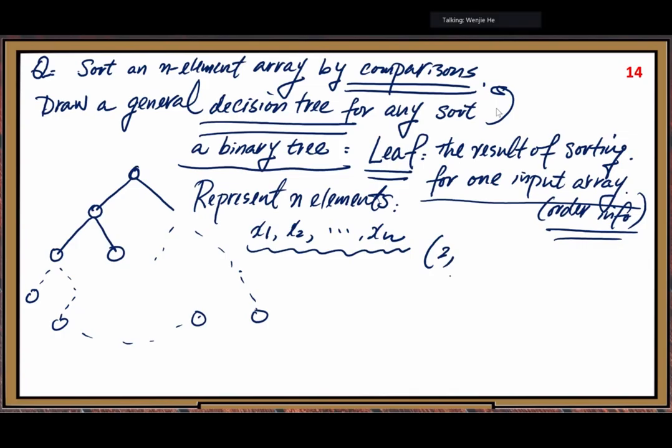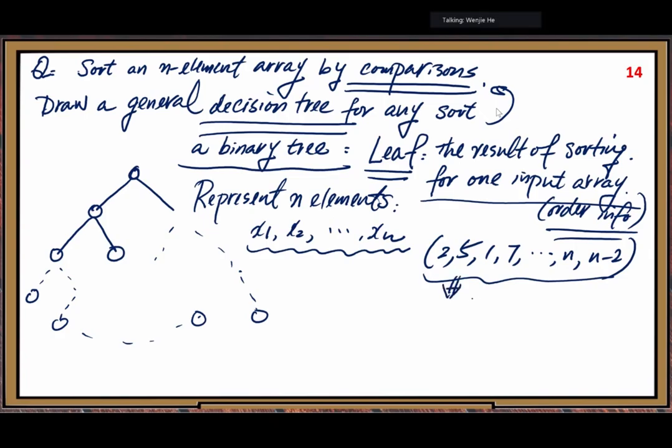We only need to store the subscripts of these elements, like 5, 1, 7, and so on, n minus 2.